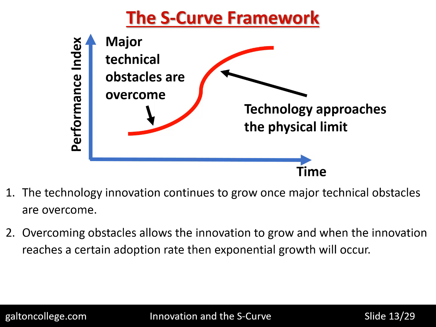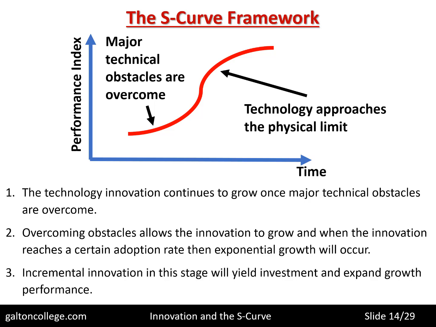But after a while, they can, in a sense, squeeze more out of it, more output from the technology, but it's at a diminishing rate. It starts to slow down, and that gives us the top part of the curve, the falling off part. Incremental innovation in this stage will yield investment and expand growth performance.